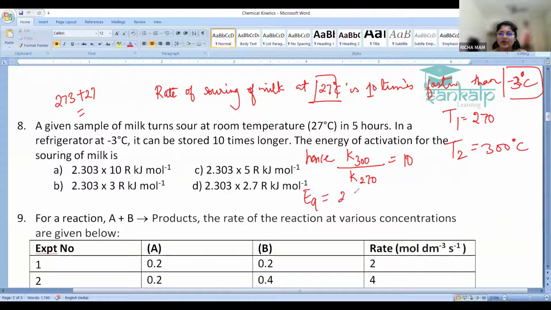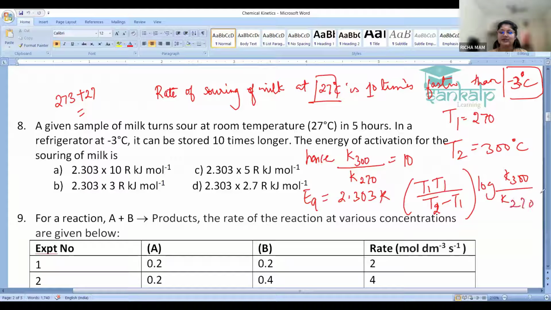This is the formula: 2.303 R, T1 T2 by T2 minus T1, into log of K2 by K1. Put the values. Everything is given.